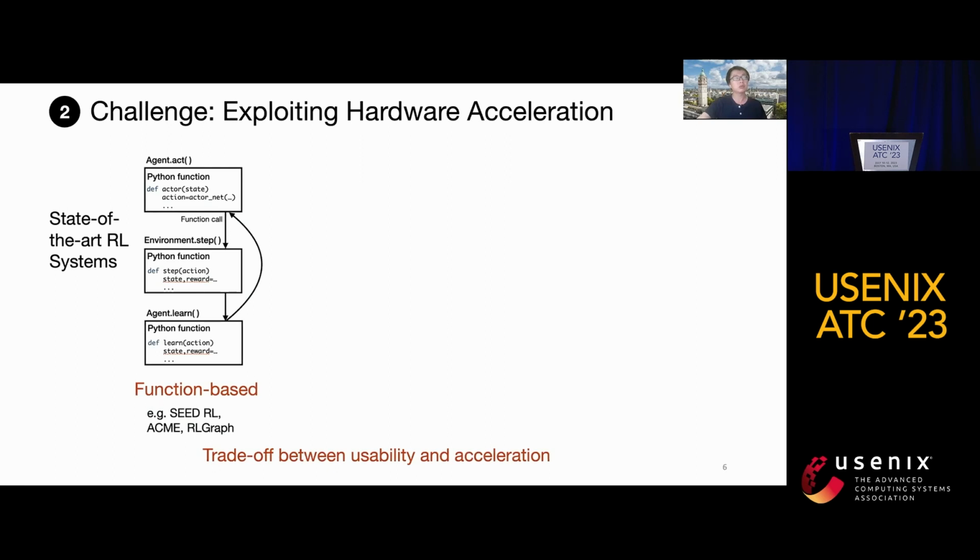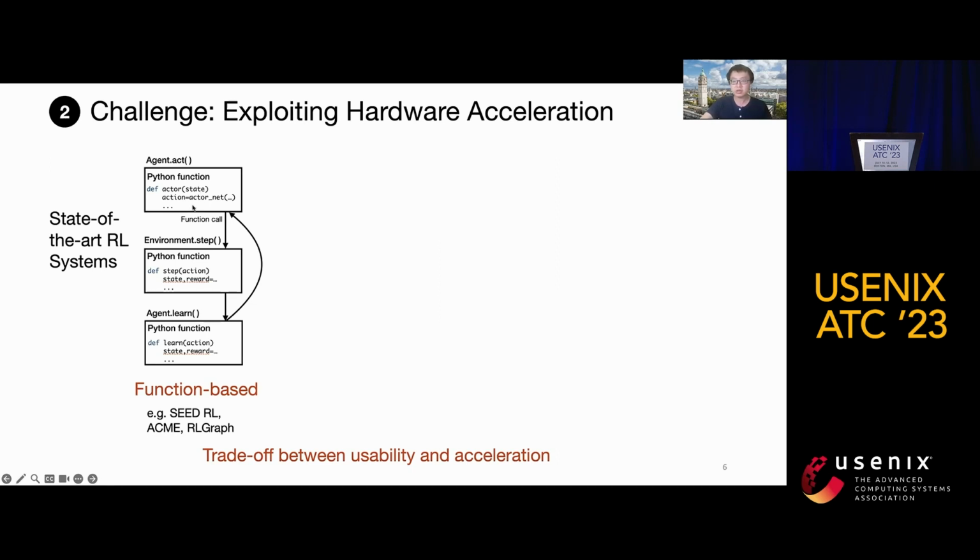The next problem we're looking at is hardware acceleration. To look at this problem, let's start with existing RL systems. Let's start with function-based systems, such as RLlib, Acme, and RLgraph. Those systems express the entire training loop using Python functions.